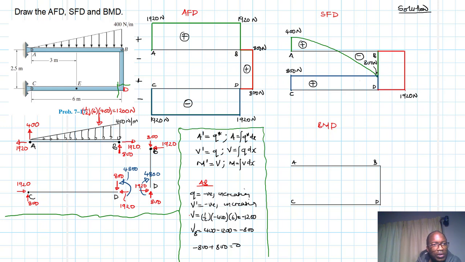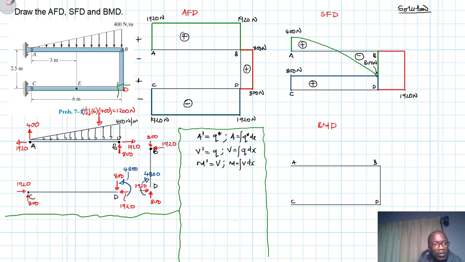Let's go now to the bending moment diagram. This is the one that is a bit interesting. So what is the initial value at A? No initial value, no moment there, so moment starts from 0. But when we look at our slope, let's redraw this. What's our slope? V shear is positive.